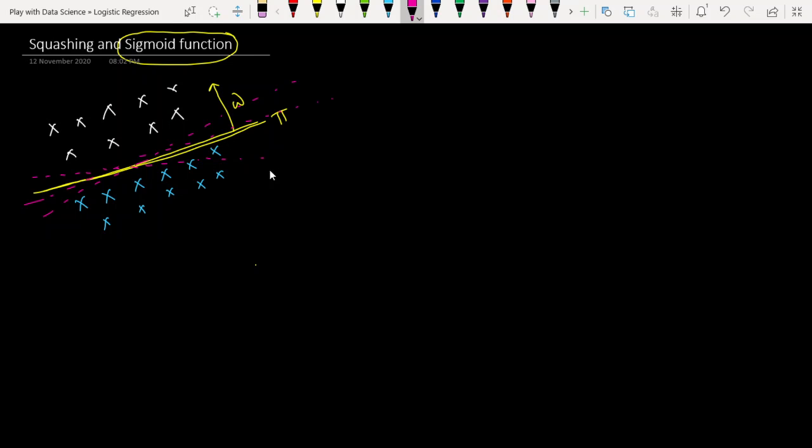If we write it mathematically, we derived w star equals arg max of the summation of signed distance, i equals 1 to n, where n is the number of data points in the training set.